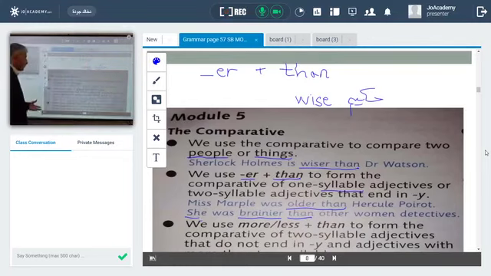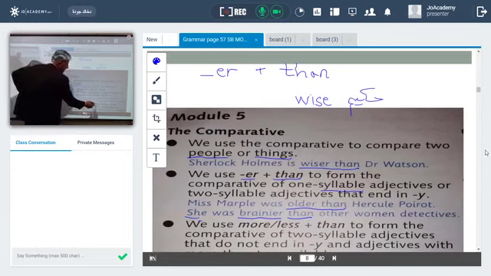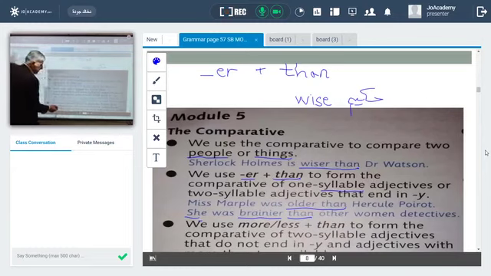Okay, we use more or less plus than to form the comparative of two syllable adjectives. So if there are two syllable adjectives, we add less and more that don't end in y.